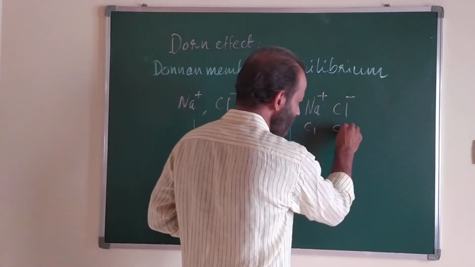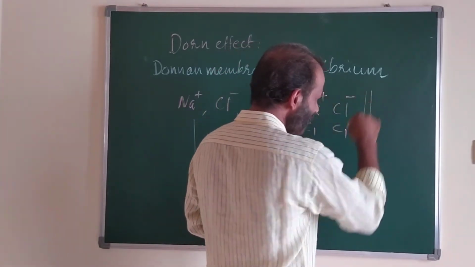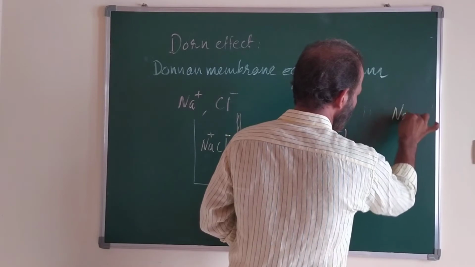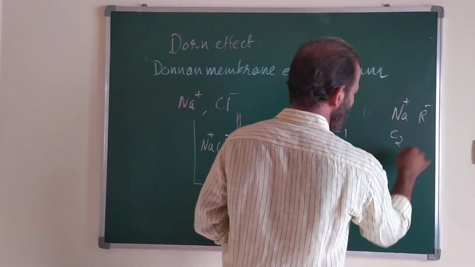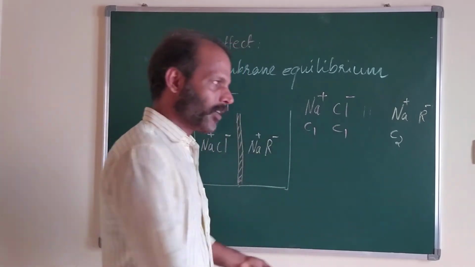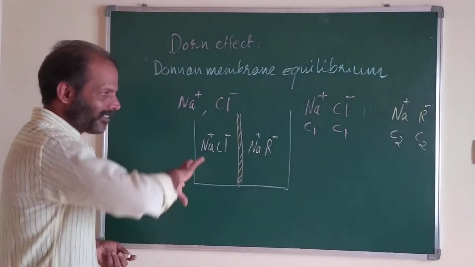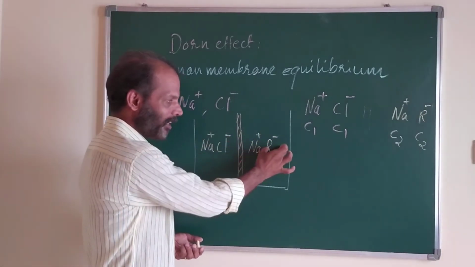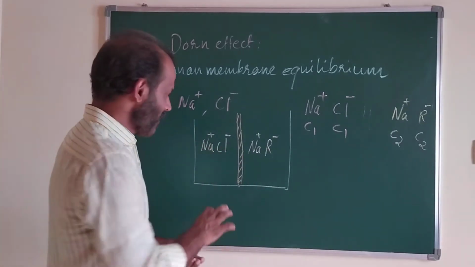So the concentration is C1, and it is separated by a membrane, right? Suppose the concentration of Na plus and R minus is C2 here, and the concentration of R minus is also C2. That is the concentration of Na plus and Cl minus in the first chamber and Na plus and R minus in the second chamber in the very beginning, right?